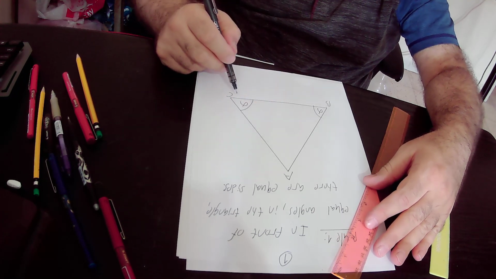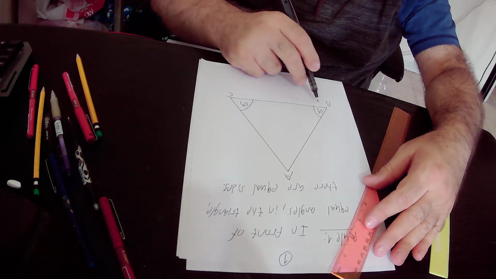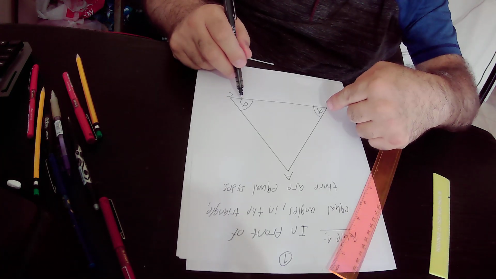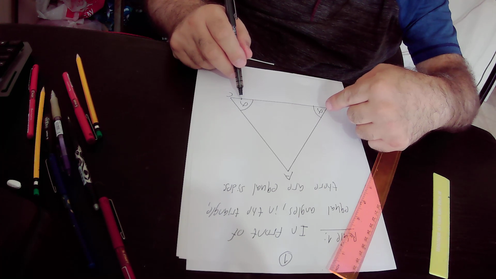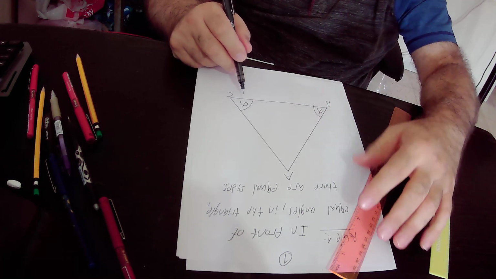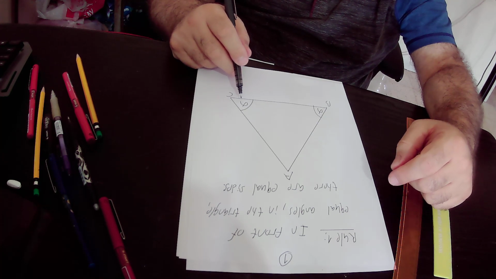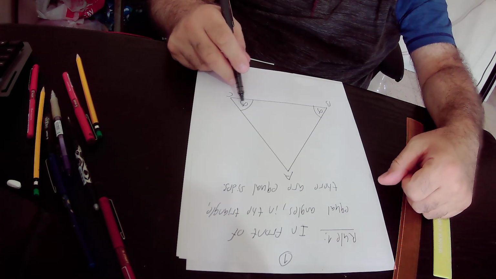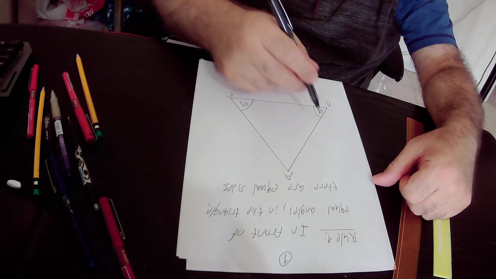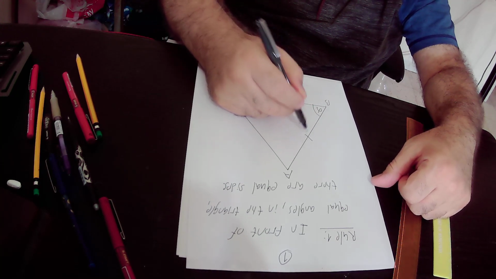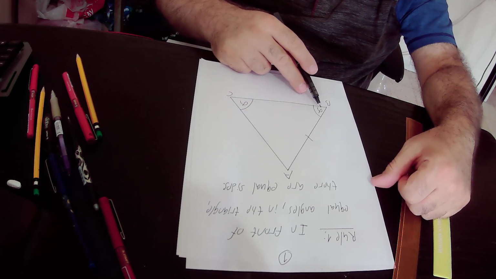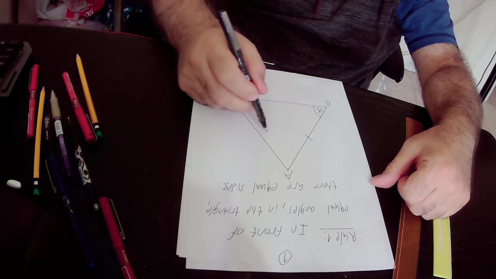According to rule number 1, in front of this angle alpha we have side AB, and in front of this angle alpha we have side AC.